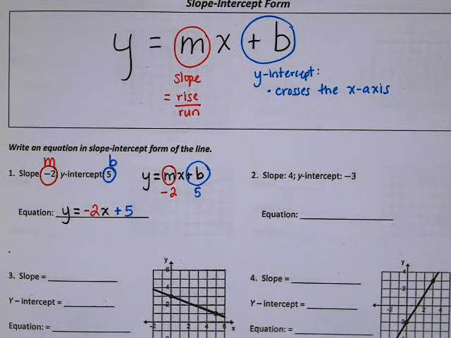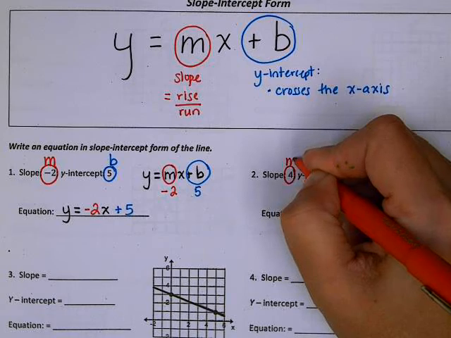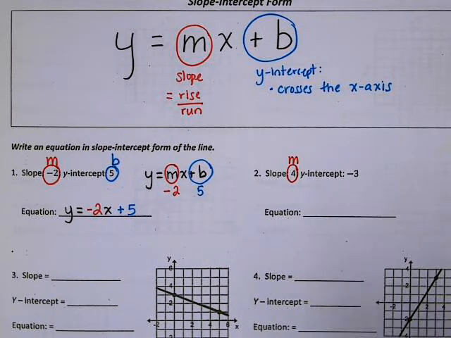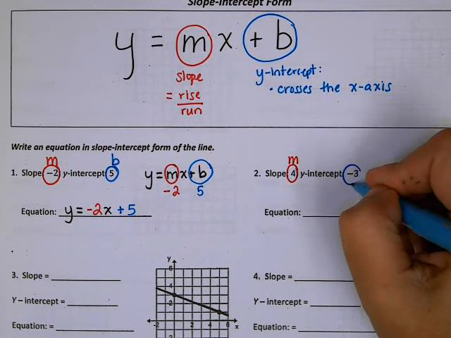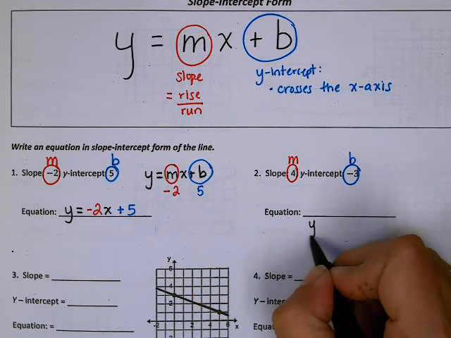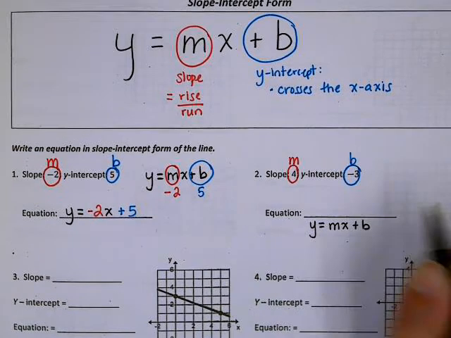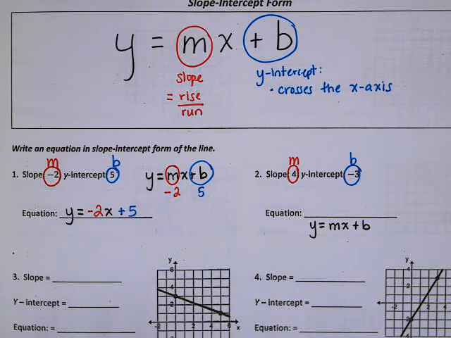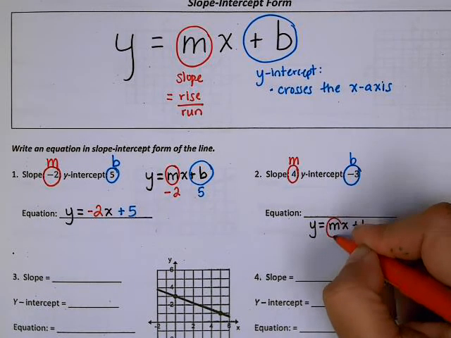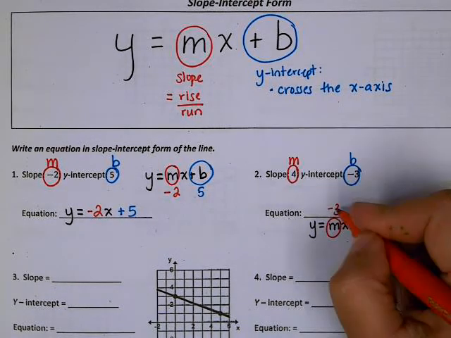Now the next example is very similar. Once again, it's telling you your slope is 4, so that would be your m, and your y-intercept is -3, so that would be your b. If we think about our equation y equals mx plus b, all I'm going to do is replace the m with 4.